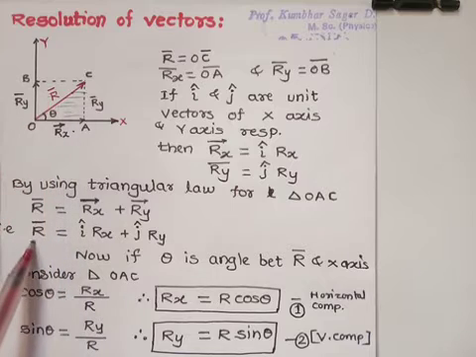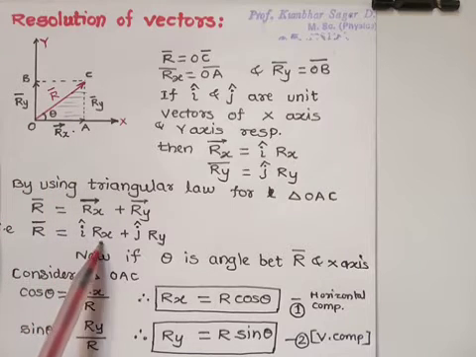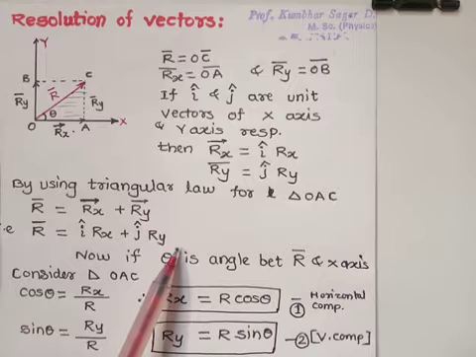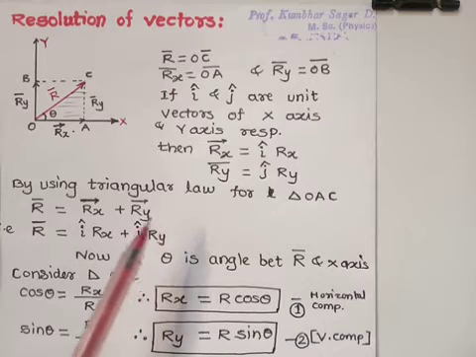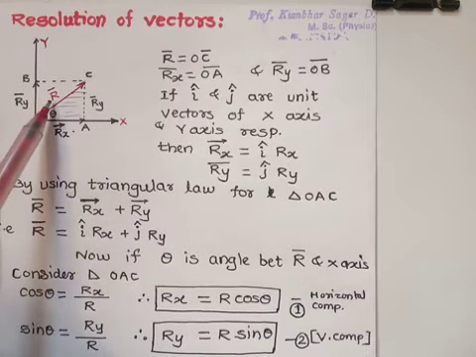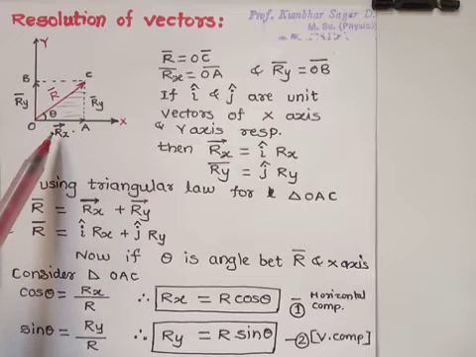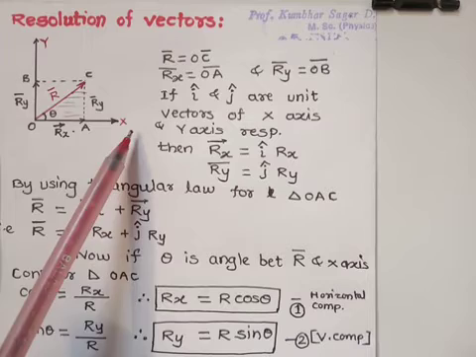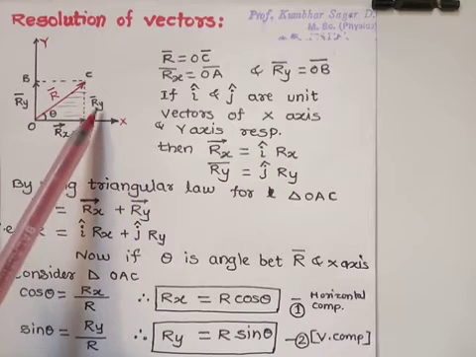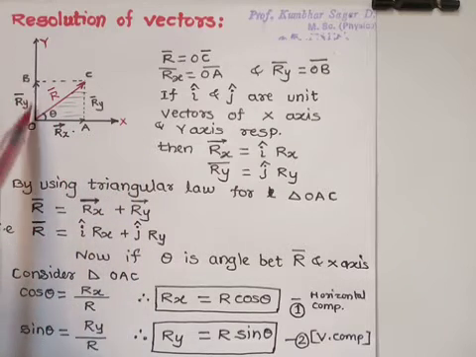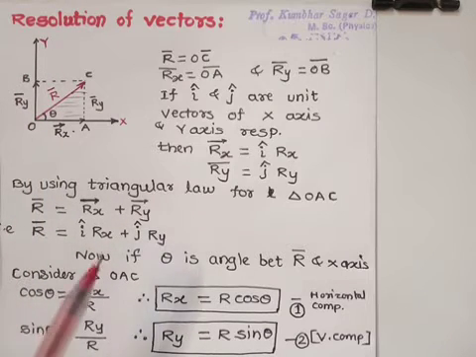Hence, r bar is equal to i cap Rx plus j cap Ry. Means we resolved r bar into two components. One is Rx bar, which is the horizontal component, and the second is Ry bar, which is the vertical component on the y-axis. Now we find their magnitudes.